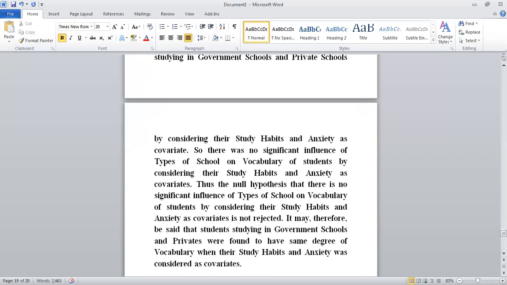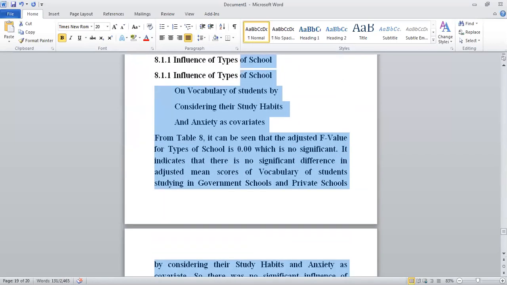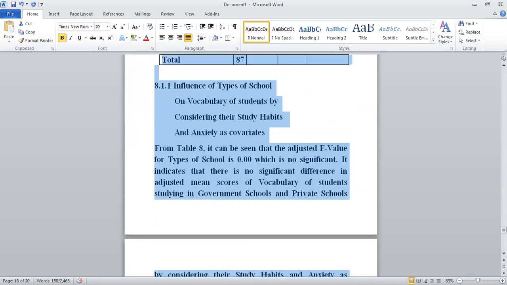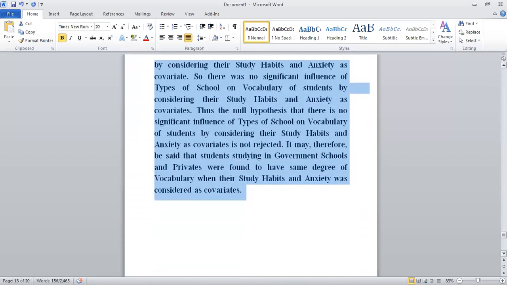So this is the one. I have to write 7, and I can copy paste so that I can go fast. Now I only make small changes, nothing else, because everything is the same.